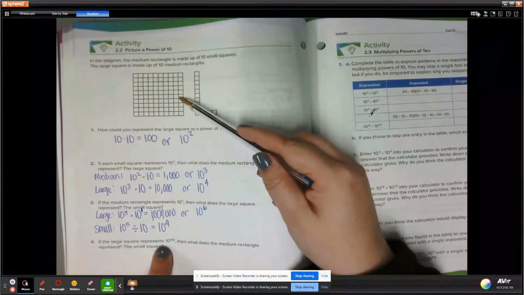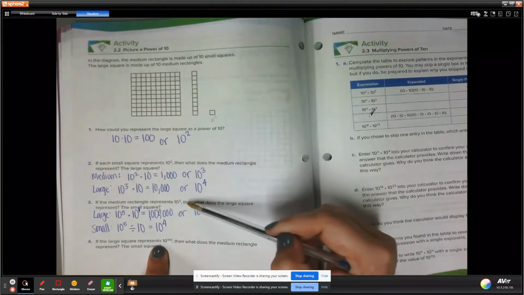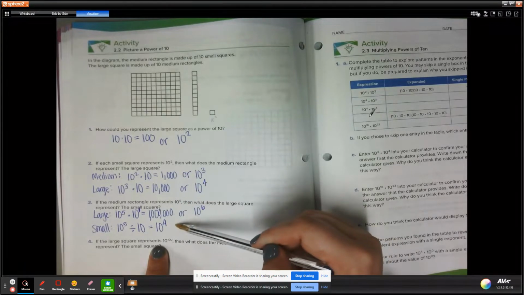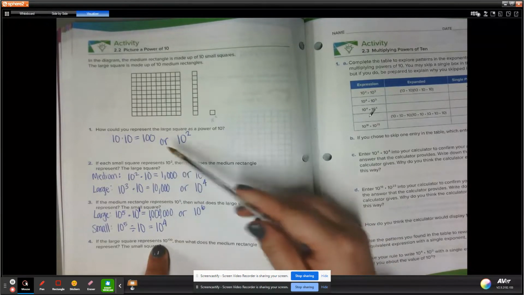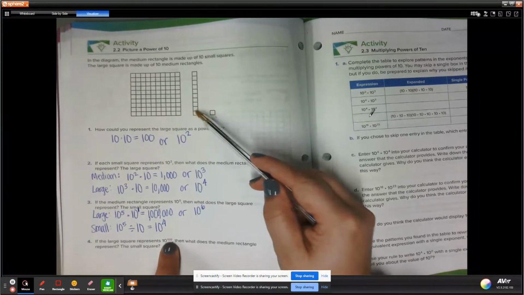If the large square represents 10 to the 100th, based off of this, if the large is 10 to the 6th and the medium was 10 to the 5th and the small was 10 to the 4th, if the large square is 10 to the 100th, then this is just 1 power of 10 smaller, 1 order of magnitude smaller.